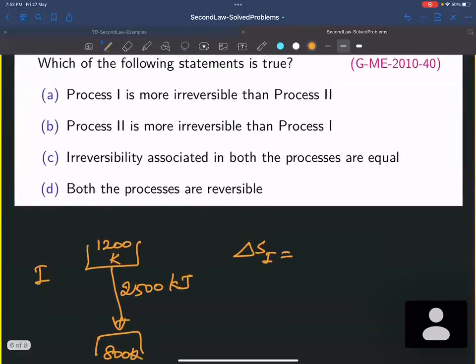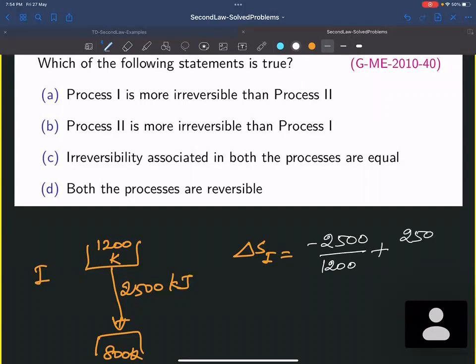Delta S1 is delta S of the source and delta S of the sink. The source is losing heat by the amount 2500. So for the source, QH is minus 2500 and T is 1200. So the entropy of the source is getting decreased. The entropy of the sink is getting increased.